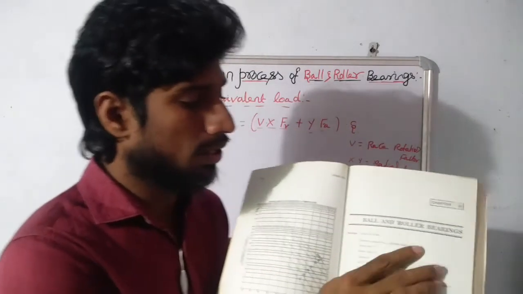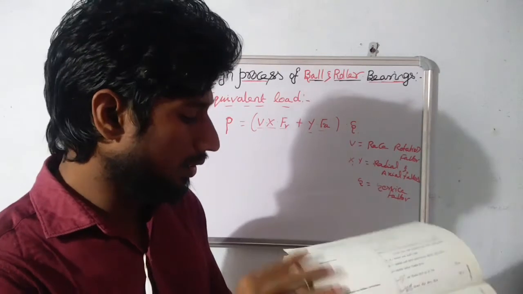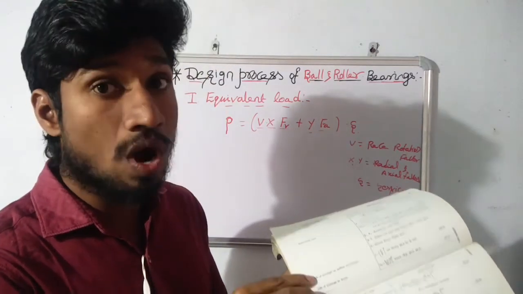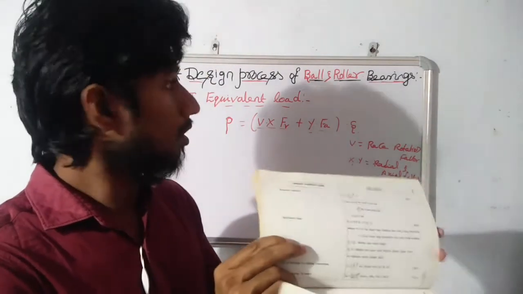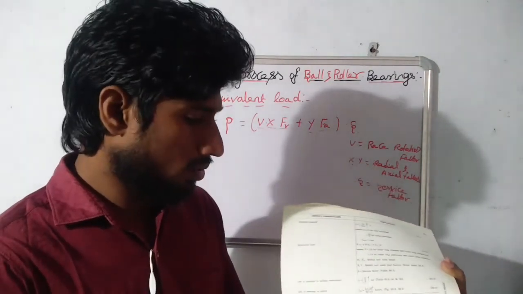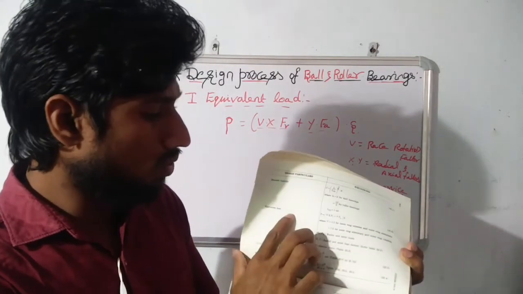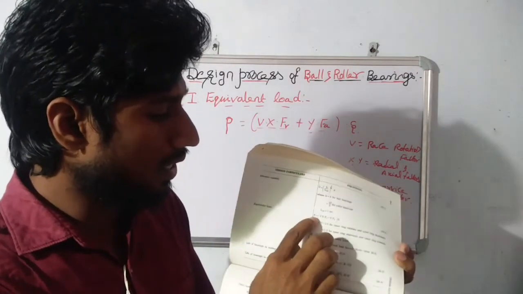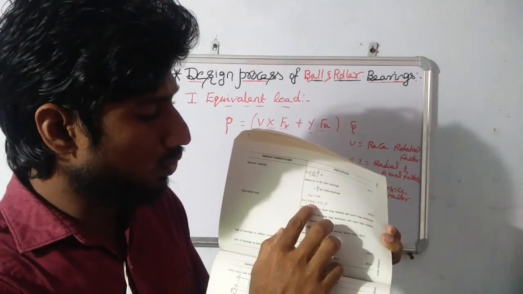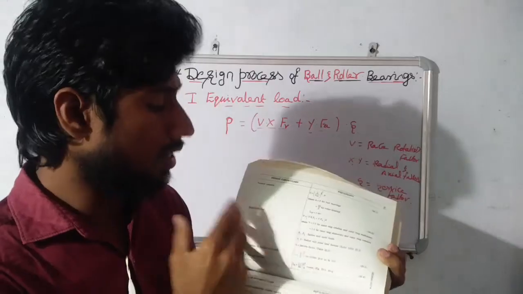These are the formulas we use in the design of ball and roller bearings. Let's see what terms are involved in the equivalent load: V into X into FR plus Y into FA, into S. This is the formula we are discussing here.